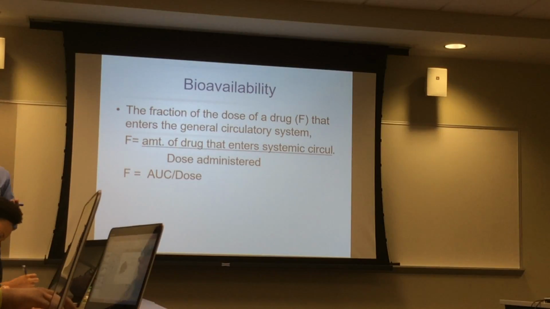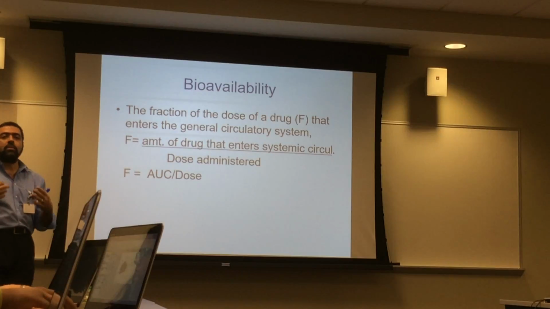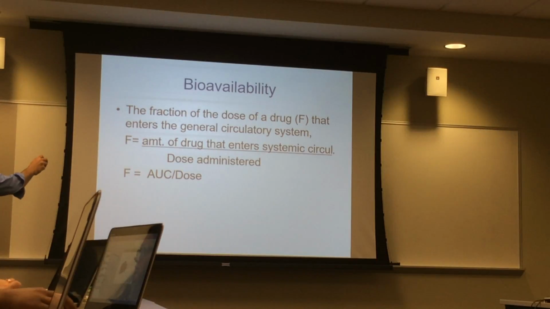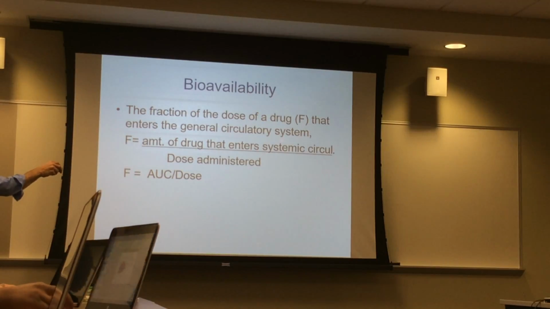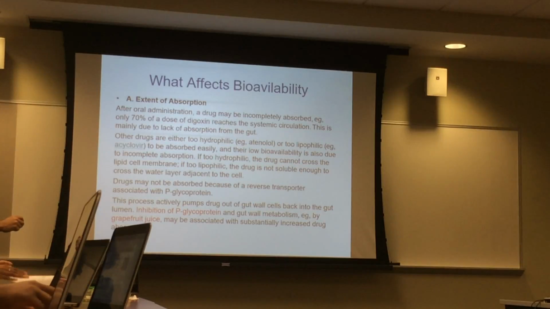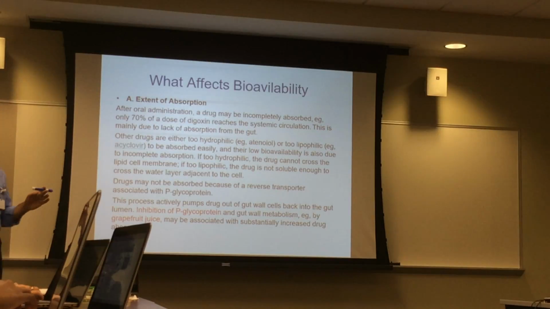So bioavailability: how much of the dose given orally makes it to the circulation compared to how much of it makes it to circulation if you give the same dose through IV. To calculate that, you simply say the amount of drug that enters the systemic circulation divided by the dose administered. So that's the bioavailability. It's affected by multiple factors.